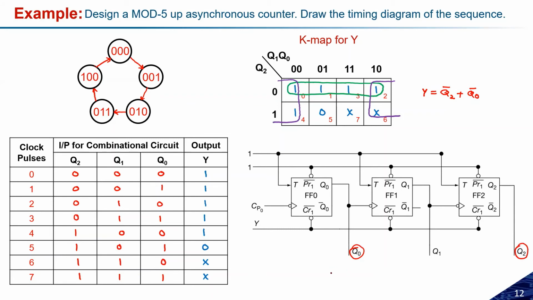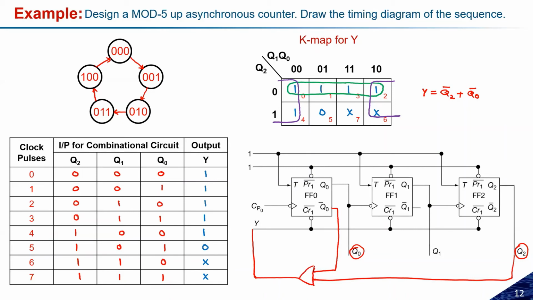I can simply use one OR gate that takes Q0 bar and Q2 bar, and that will be connected to y. This is how the logic will look. So this is one of the possibilities that we can have.